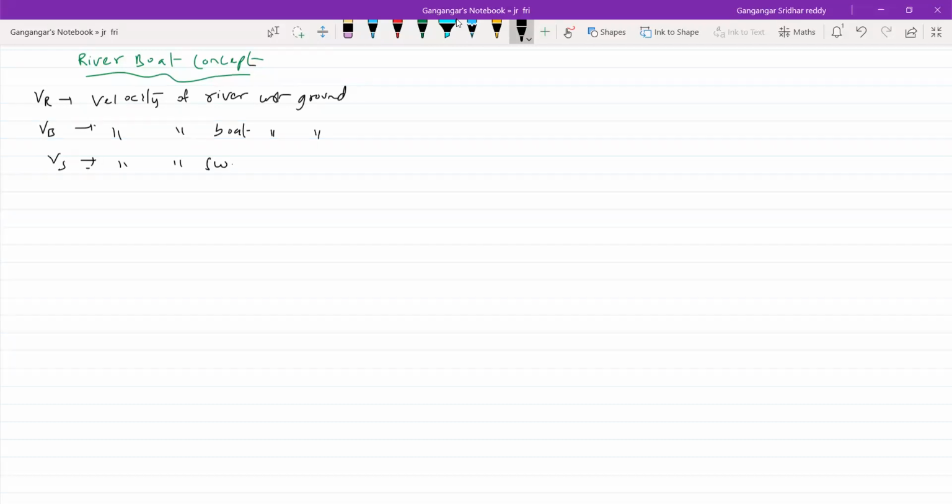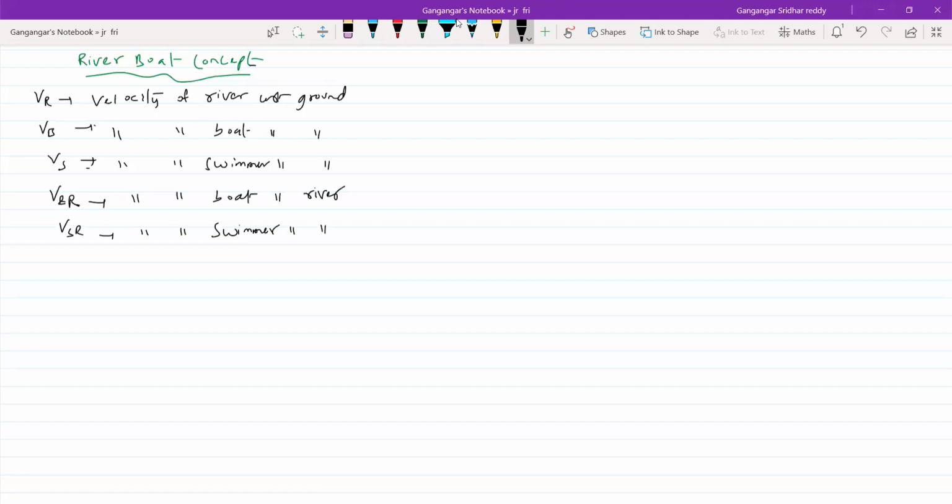Velocity of swimmer with respect to ground. VBR will be velocity of boat with respect to river. VSR will be velocity of swimmer with respect to river.